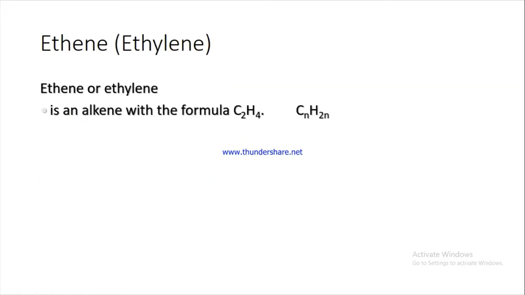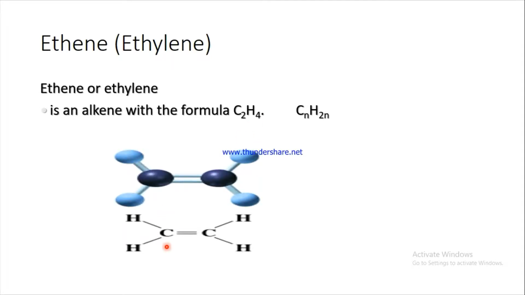So here we have a well-known alkene, which is ethylene with 2 carbon atoms. It has 2 carbon atoms connected with a double bond, as you can see here, and there are 2 hydrogen atoms on each carbon atom.